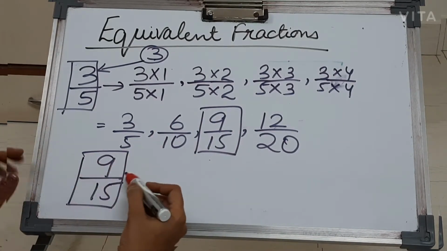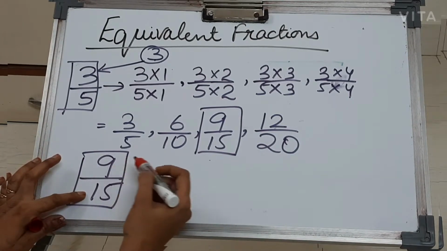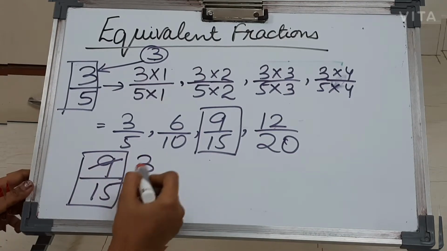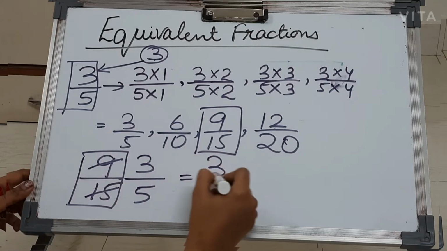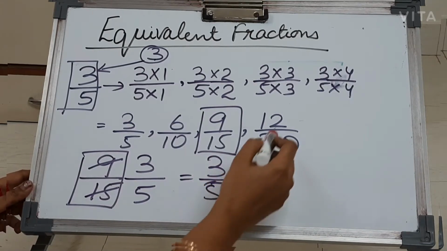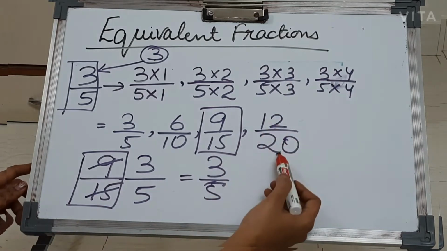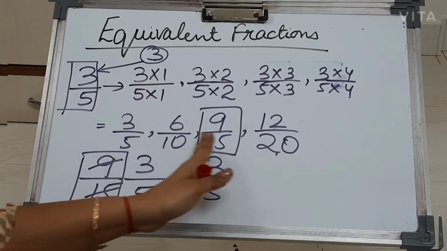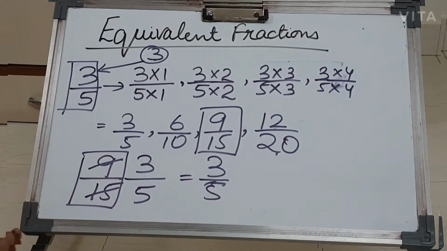We can see 9 and 15 are both in the table of 3. 3 3s are 9, 3 5s are 15. When we simplify this, we get 3 by 5. Similarly it will happen for 12 by 20. It will go in 4. 4 3s are 12, 4 5s are 20. So these are the 3 equivalent fractions for 3 by 5. This is the concept of equivalent fractions.